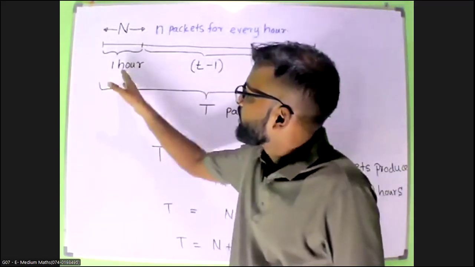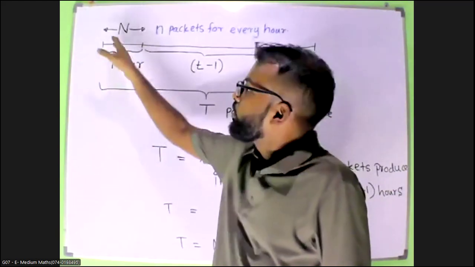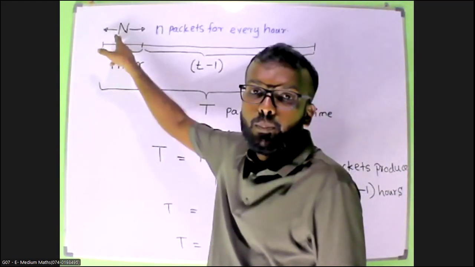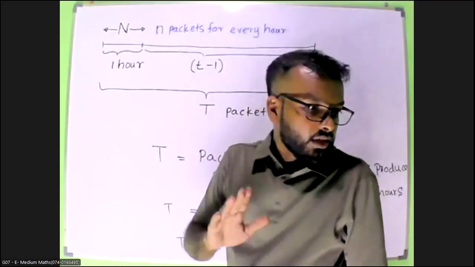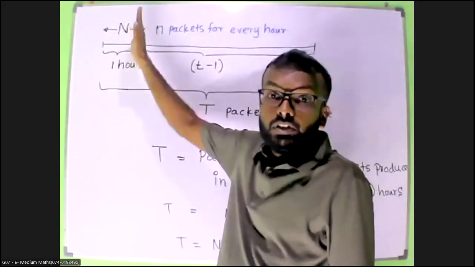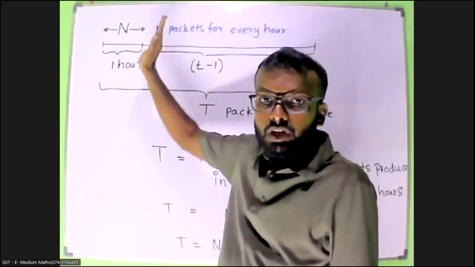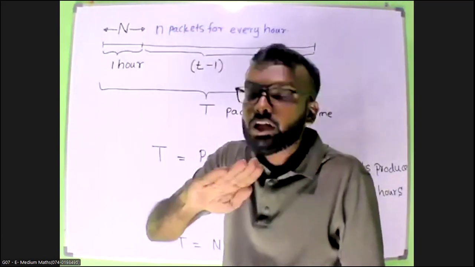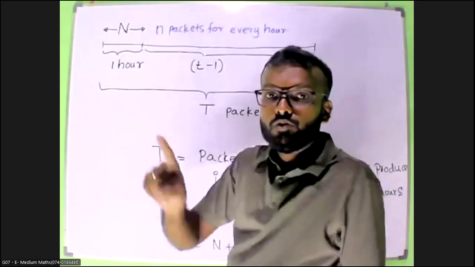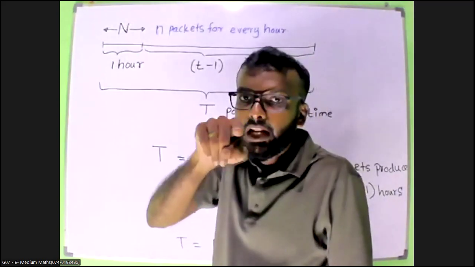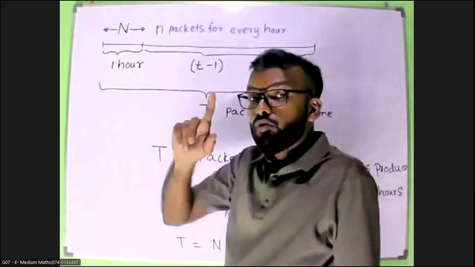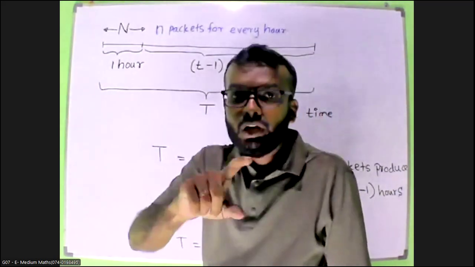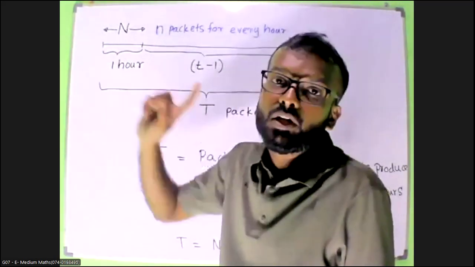So this is it. In the first hour, they are producing capital N packets, right? And after the first hour, each and every hour they are producing simple N packets, right? Now we need to find how many hours to be produced.